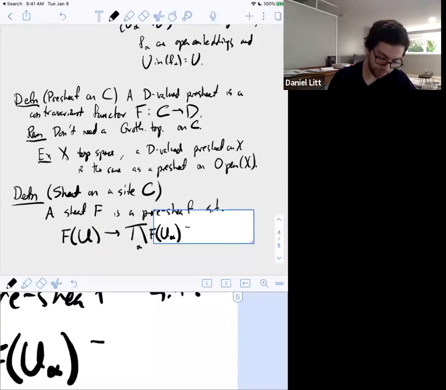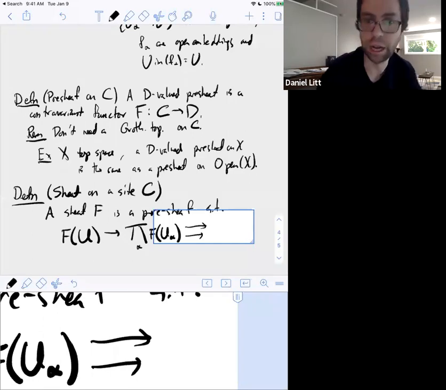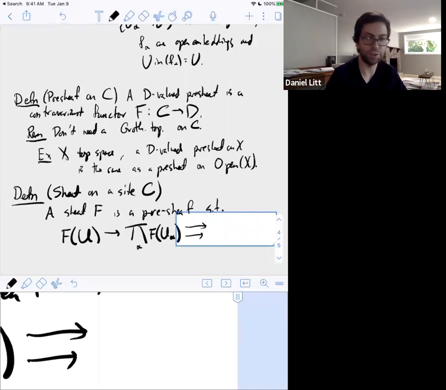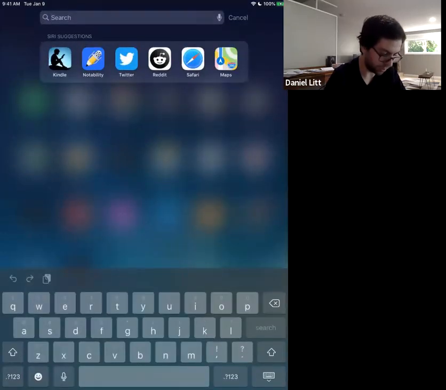Okay. And now we can look at the intersections of U alpha and U alpha prime for all pairs of alpha, alpha prime. Let me just write down the diagram and then we'll explain what it means.